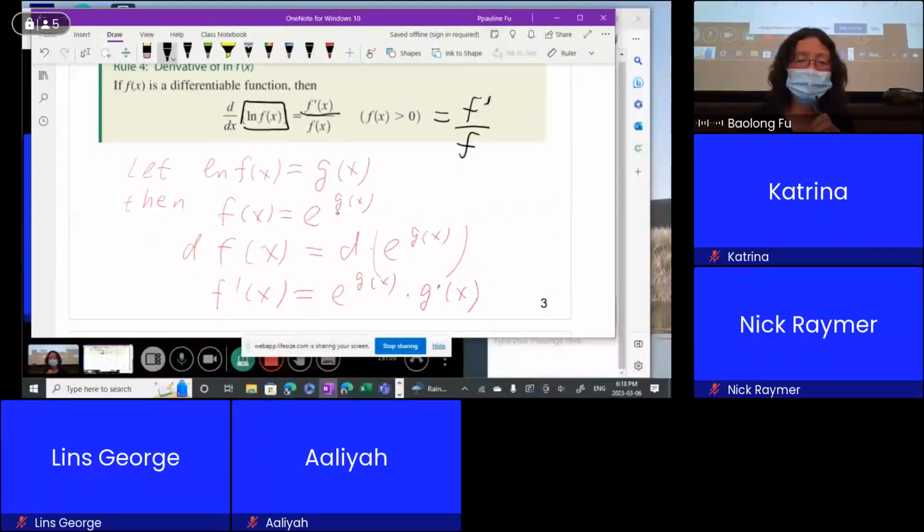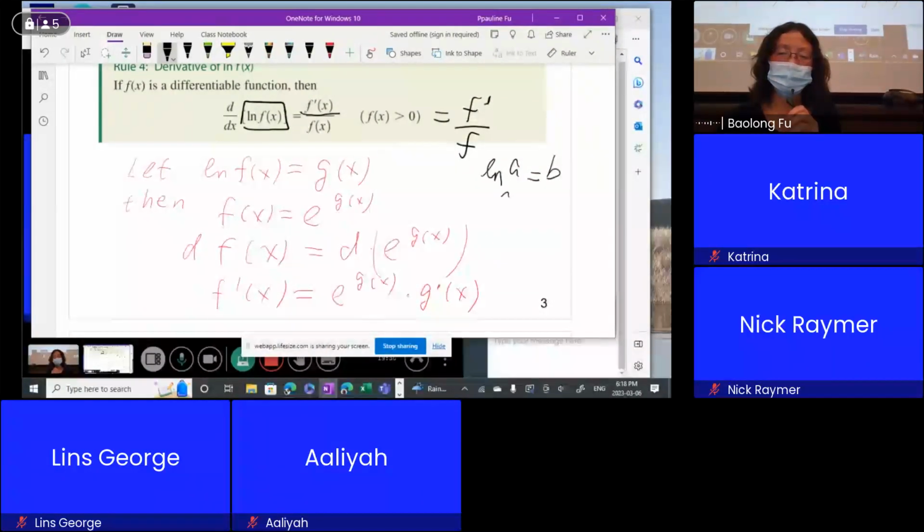Okay. You let ln f(x) equal g(x). If you have ln f(x) equal to g(x), this is logarithm format. How do you change to exponential format? It is e raised to the power g(x) equal to f(x). So for example, if you have ln a equal to b, you are going to have a equal to e raised to the power b.